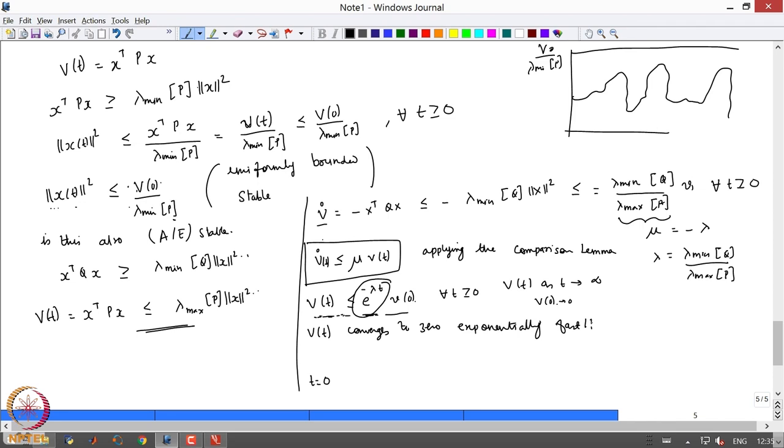Okay. Now, if V of t converges to 0 exponentially fast, how are V and x related? V and x are related via this. So, if V goes to 0 exponentially fast, then x of t will also converge to 0 exponentially fast.